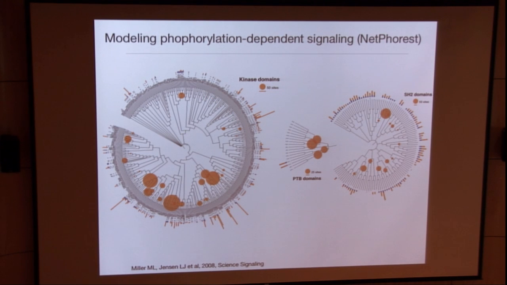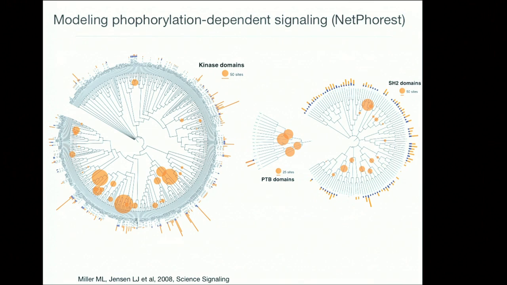And this is clustered by the sequence similarity of the kinase domain. And then the bars here indicate where we could find data where we could link a certain kinase to a certain substrate. But of course, you don't always know if it's a specific kinase that phosphorylates this site or it's a group of kinases.